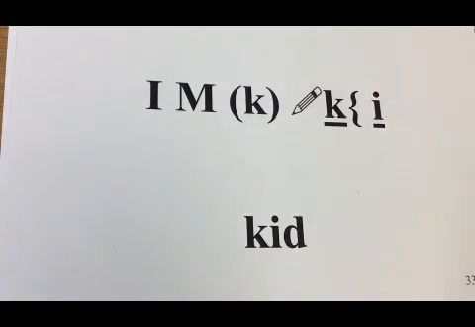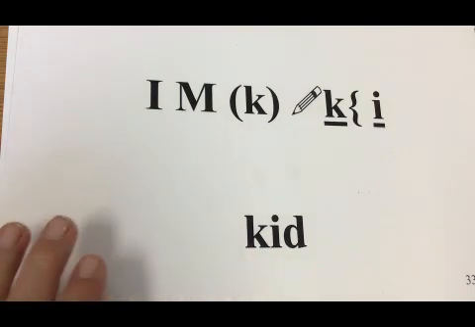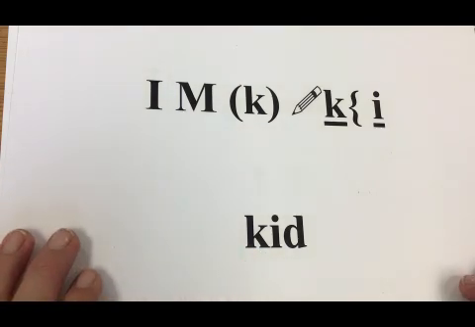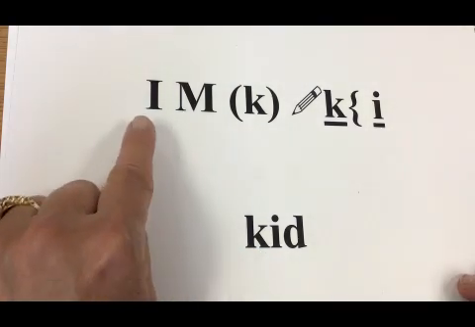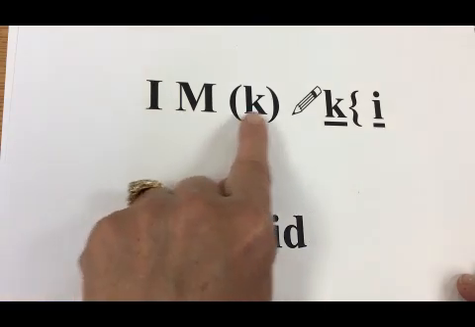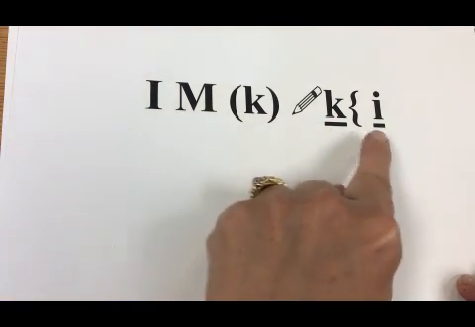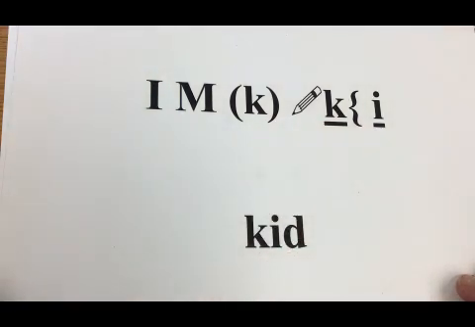Let's review some information we have learned. What is the sound of K in English? Right, it's the K sound. And we have learned that initial or medial K is spelled with K before I as in kid.